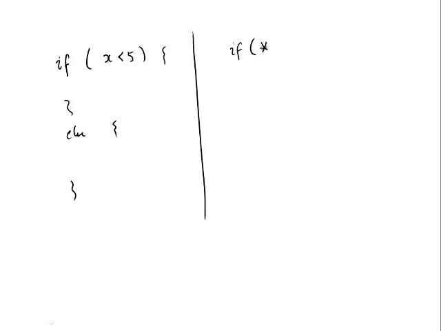You could say if star, then do this, else do something else. This is a non-deterministic choice, which says that the program can go into the if branch or the else branch non-deterministically. It can choose arbitrarily how this star is going to evaluate. If it evaluates to true, it will go into the if branch. If it evaluates to false, it will go to the else branch.